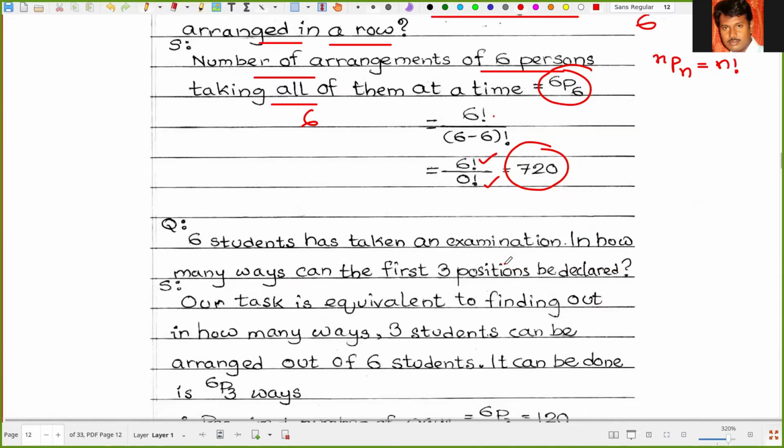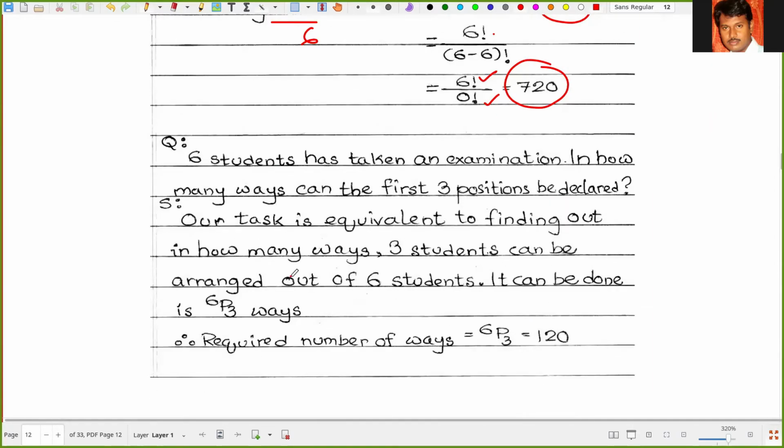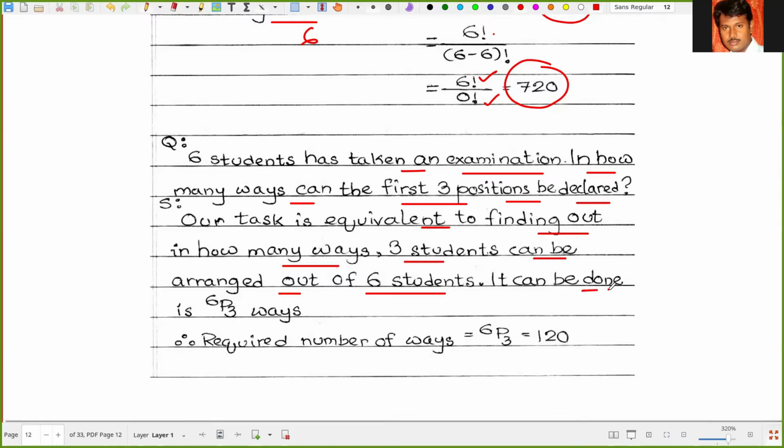Let's check another problem. 6 students have taken an examination. In how many ways can the first 3 positions be declared? So at that moment we have 6 and we are taking out 3. Our task is equivalent to finding out in how many ways 3 students can be arranged out of 6 students. It can be done in 6P3 ways.